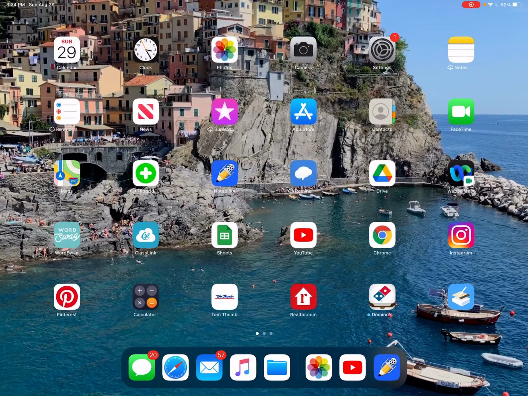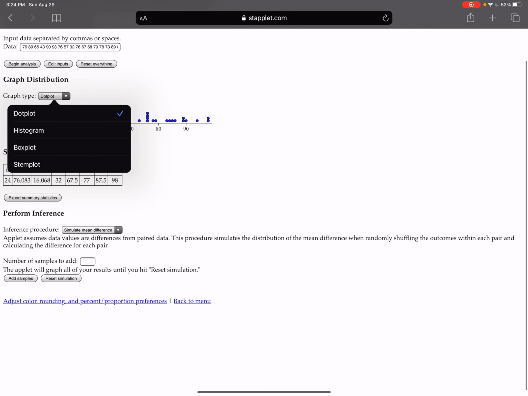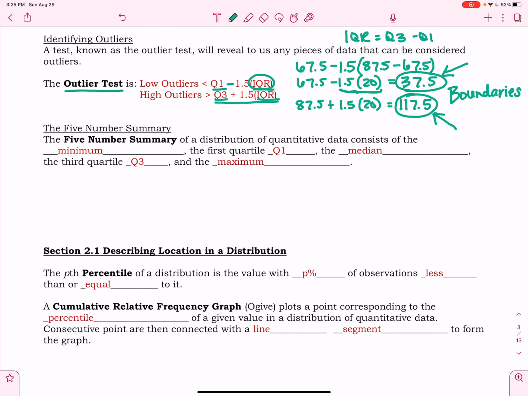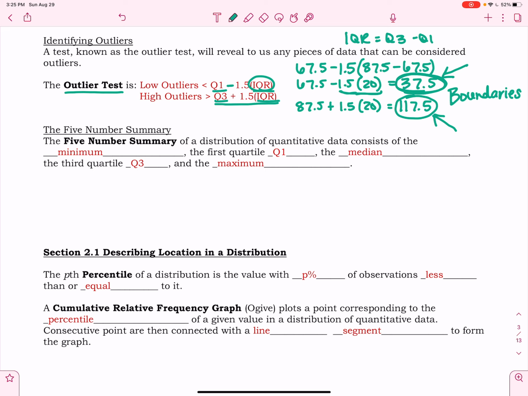So going back to our data, I want you to notice that this low value right here, see the minimum, you can see it in the summary statistics, is 32. So 32 is lower than 37.5. So the set of data I showed you does in fact have a low outlier. 32 is below 37.5, so that piece of data qualifies as an outlier.